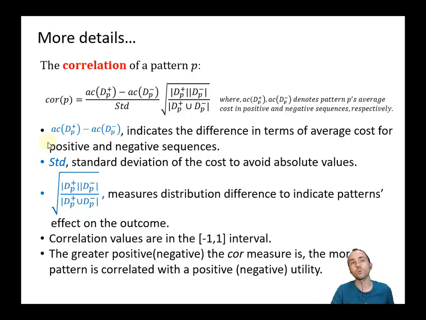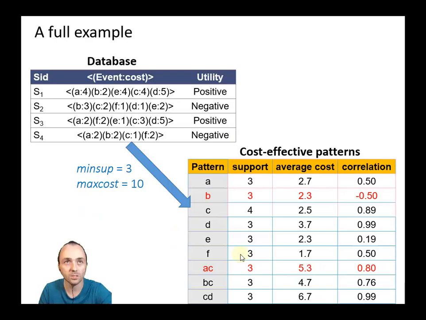So that's why we subtract this. The standard deviation, we use this to avoid using the absolute values. And why do we use the square root of this? We want to see if there's a difference between the distribution for this pattern between the positive or negative outcome. Does this pattern appear much more in positive or negative sequences, for example? Okay, so that's the main idea.